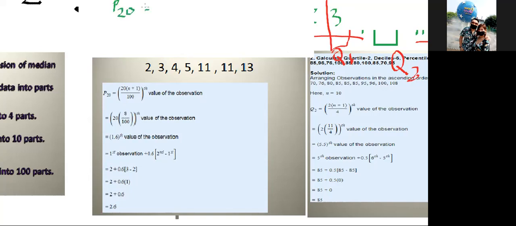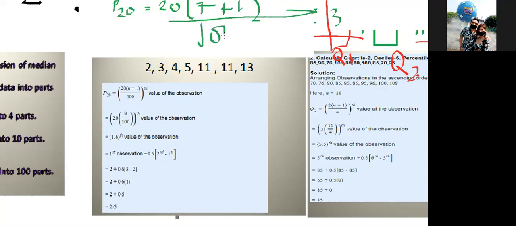So again, we do the same thing. So our i will be 20 times n, which is 7, plus 1, over 100. So why do I use 100?